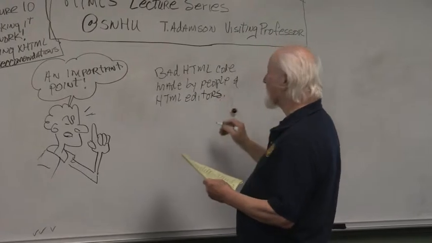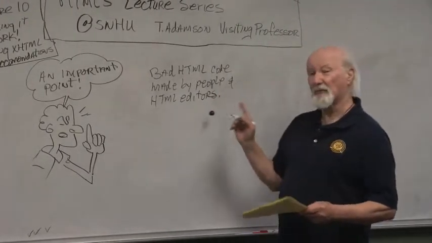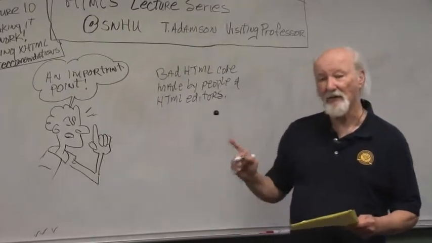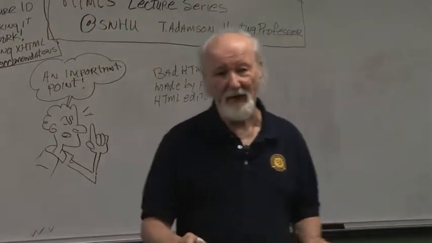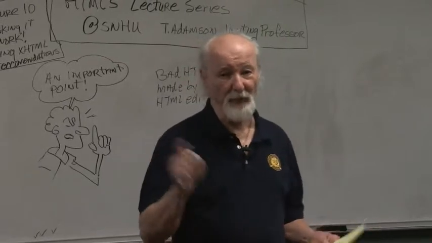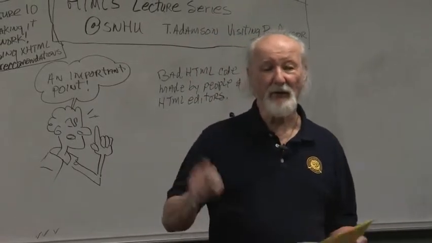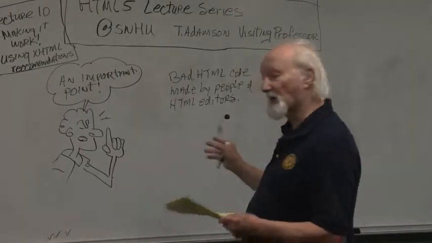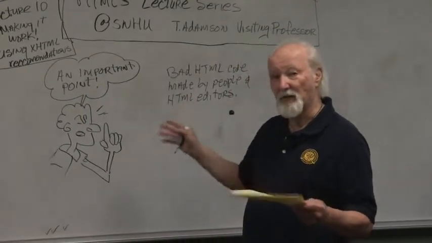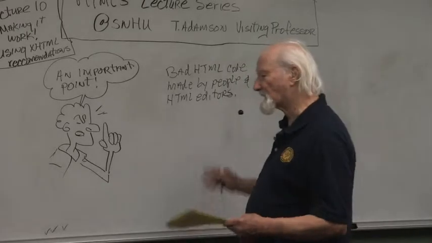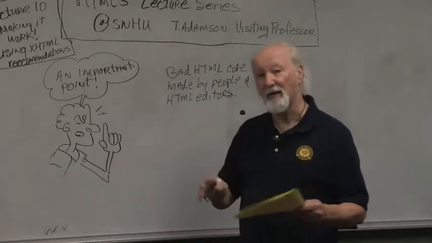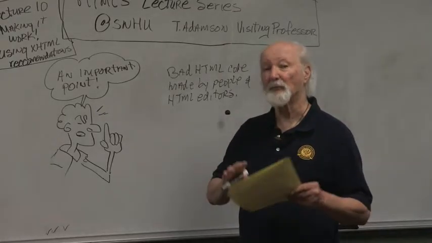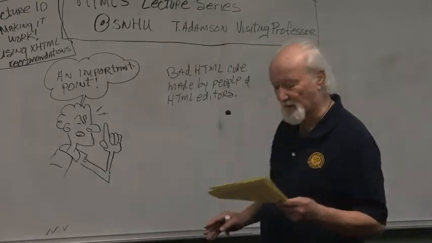You're going to say, wait a minute, you mean my HTML editor can make bad HTML code? Yes, absolutely it can, because your HTML editor serves one purpose and one purpose only, to make your job easier. It doesn't say that, hey, this editor is going to make it so that it meets all of the standards of the W3C. It just says we're going to make it so that it makes it easier on you to code a web page, no matter what we do, even if the code's bad.